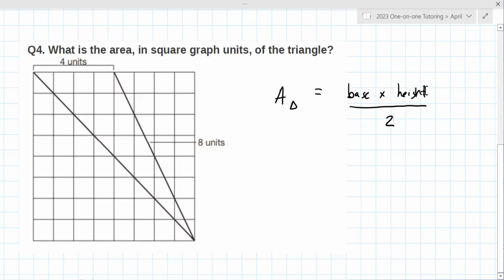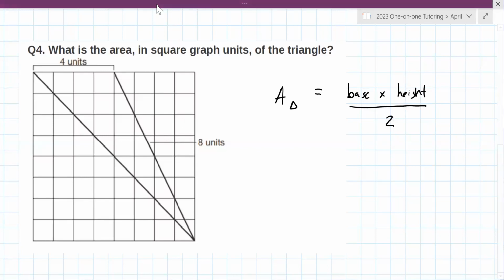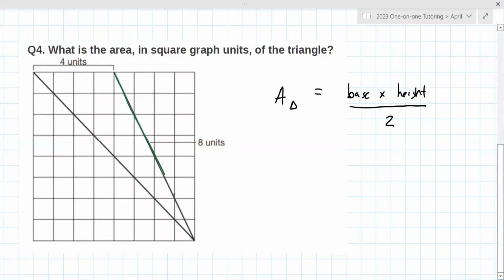The height is the vertical distance. Notice this 8 is not the vertical distance. It represents the length of this side here. You want this height right here, this vertical distance. How can you get that?